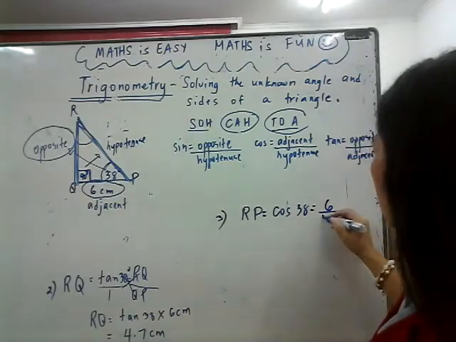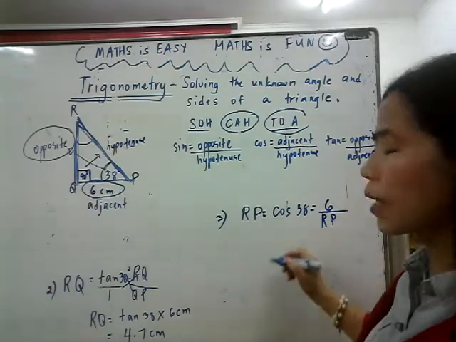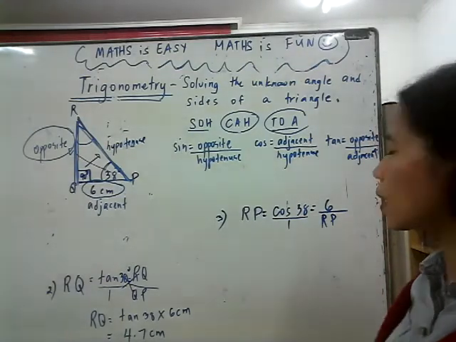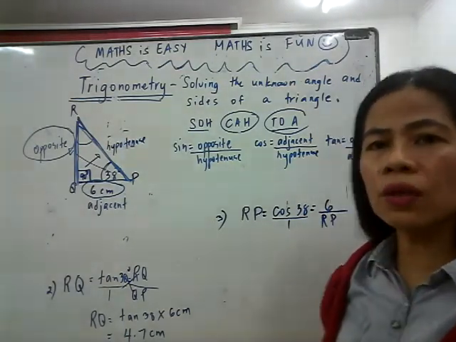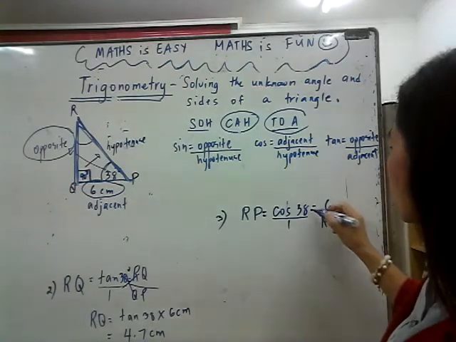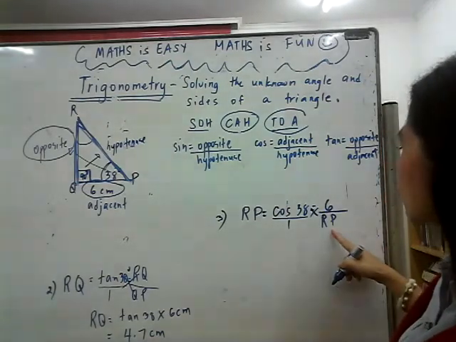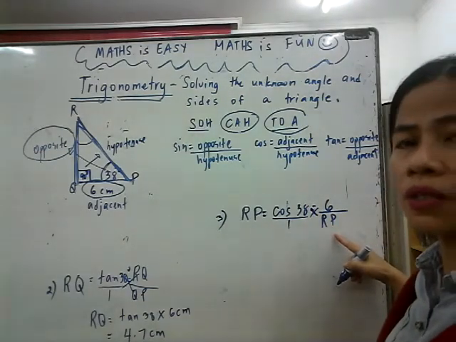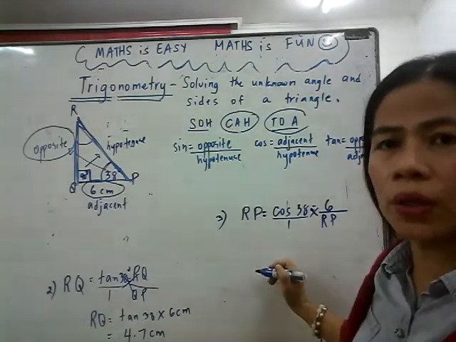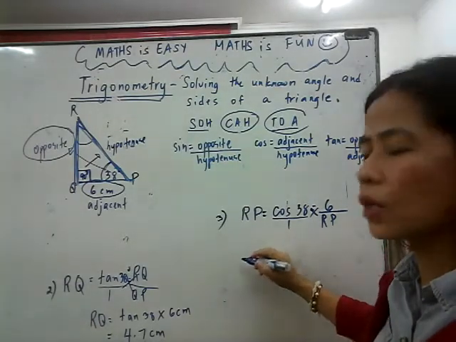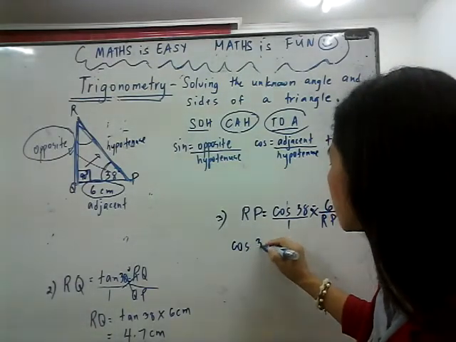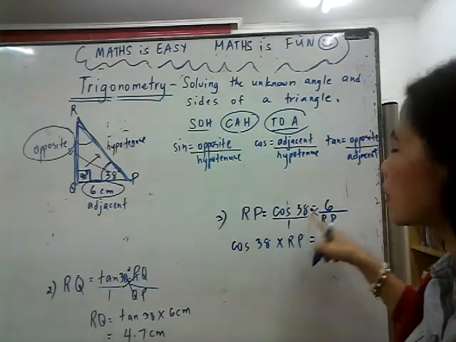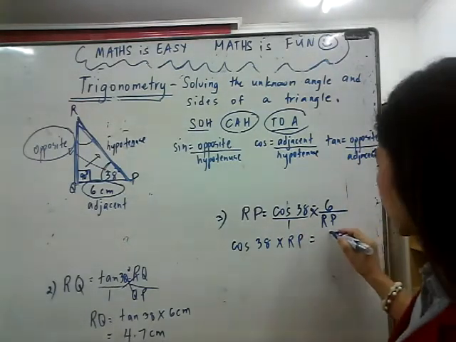We write it as RP. And again, we cross multiply. So we make cos 38 a fraction, cos 38 over 1. We are going to write first cos 38 times RP, because RP is your unknown side. Cos 38 times RP is equal to 1 times 6, which is 6.